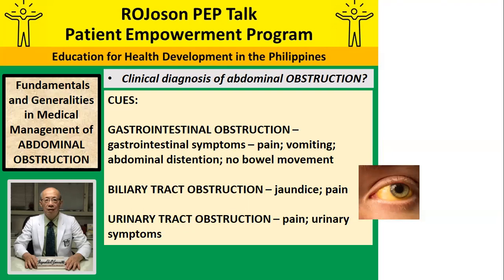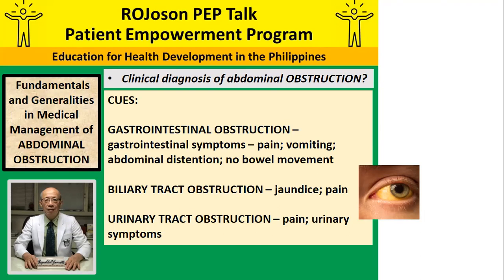The cues that one is dealing with gastrointestinal obstruction are the following. There are gastrointestinal symptoms like pain, vomiting, abdominal distension, and no bowel movement. In biliary tract obstruction, the cues will be jaundice, yung naninilaw ang mata. If there is pain, usually it's caused by obstruction. Kung minsan, the jaundice is there, but it's not painful.